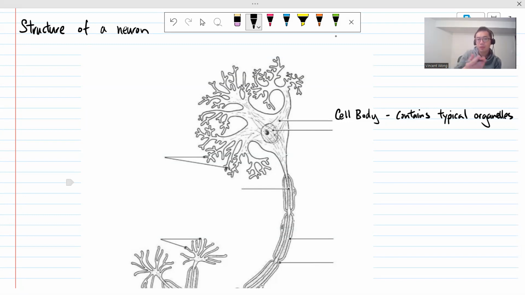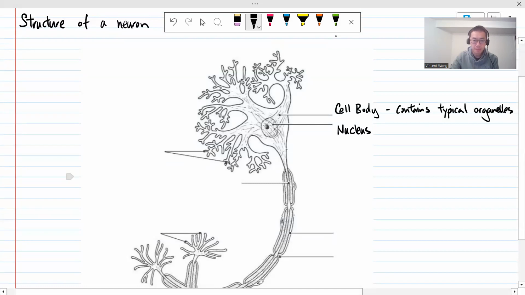The neuron typically contains more mitochondria than other cells because it requires so much energy to do the information processing, to transmit the information, and so on. And of course, being a eukaryotic cell, you have the nucleus in the center. Nothing unusual so far.